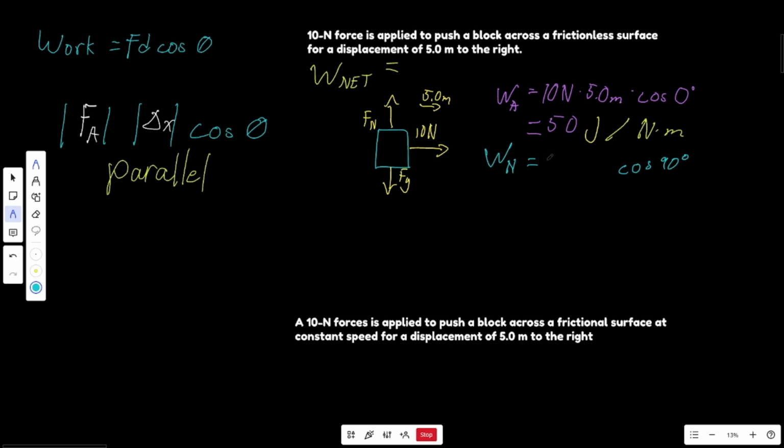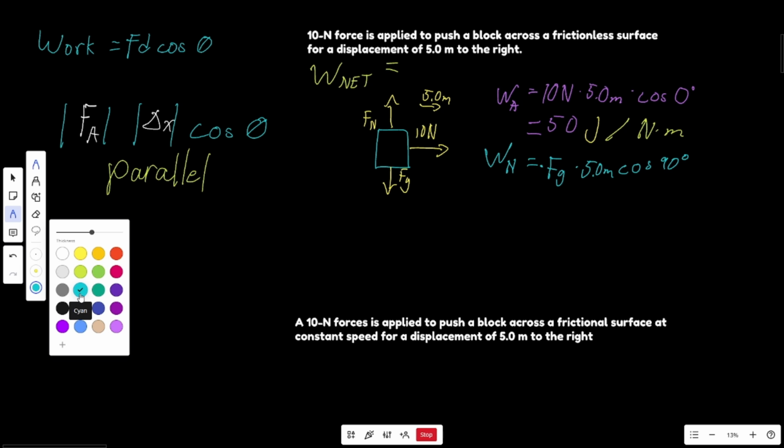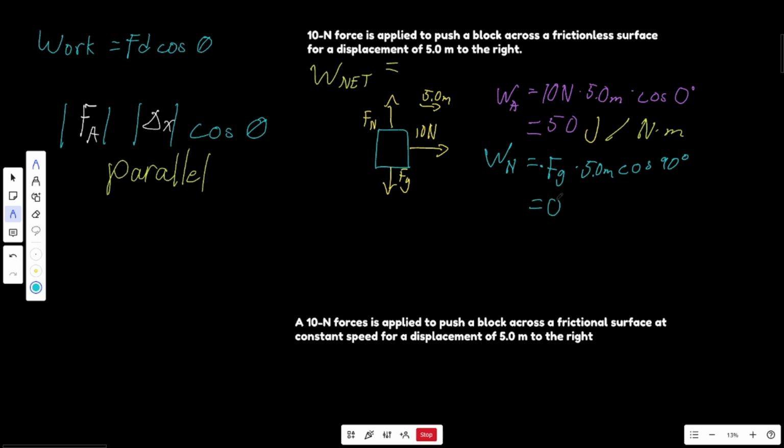And it's also going to be experiencing the force of gravity. And then there is the 5.0 meter displacement. We don't even need to solve for the force of gravity anymore. Let's just put the negative there. The negative force of gravity is the value of the normal force. Since there's a 90-degree angle, like I said earlier, there's going to be 0 work. There are 0 joules of work.